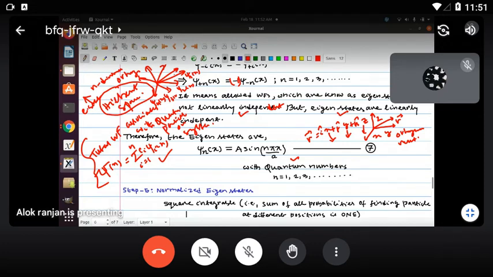That means the angle between any two eigenstates will be 90 degrees. So the psi 1 eigenstate will have no component along any of the other eigenstates. But if psi 1 had a component along psi 2, we could convert psi 1x in terms of, let's say, a1 psi 2x. That means the eigenstate psi 1 has a component of psi 2x, so they are not orthogonal, which means they are linearly dependent.